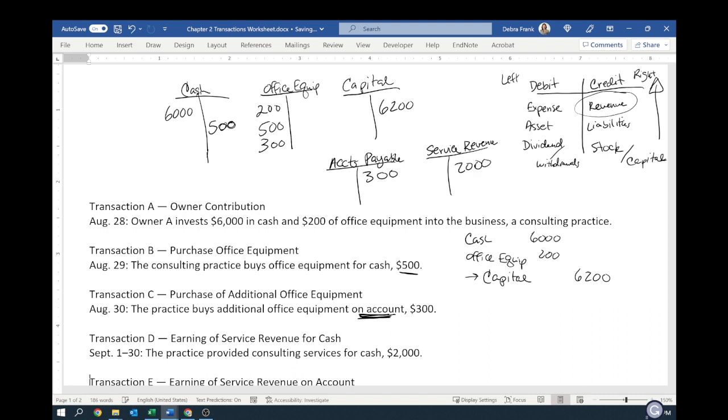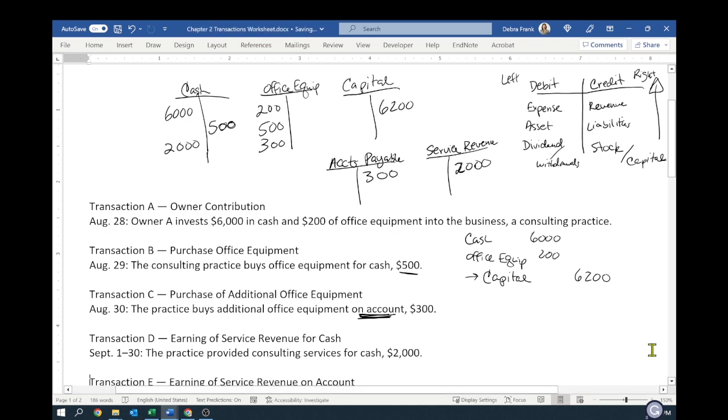I know I started off with the harder one first, so we have our credit, and then we knew cash is an asset, and we're getting cash, yay, so we have $2,000 here on the cash side, and we're balanced: debit to cash and a credit to service revenue. Cool. Love it. Let's do one more.